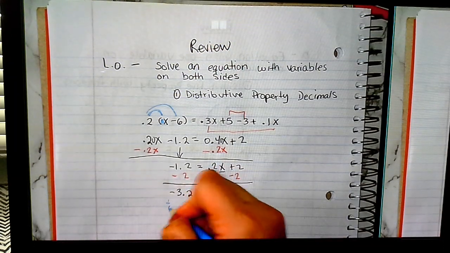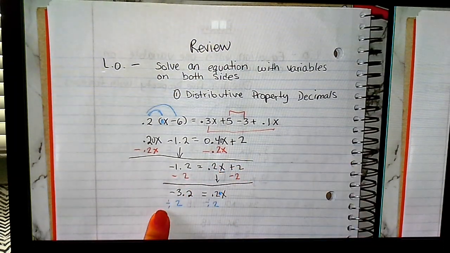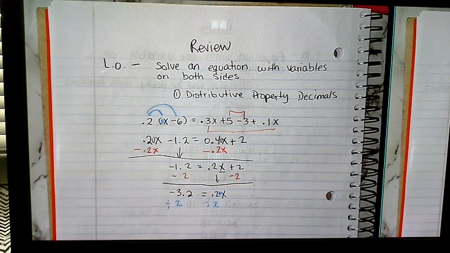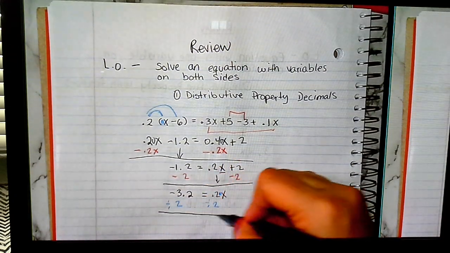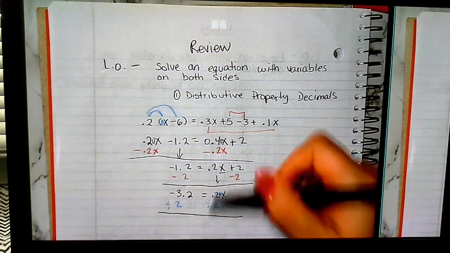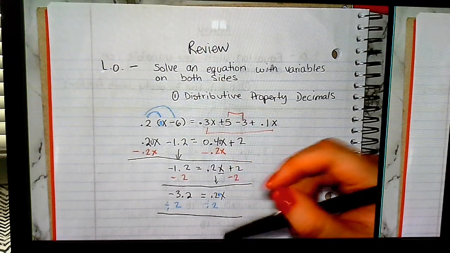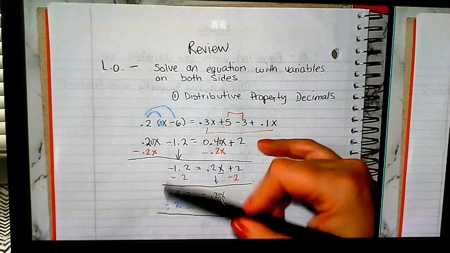Notice I'm dividing by a positive and I had a negative. So when I do this, I can show you again in decimals. I know 2 divided by 2 is just 1, but I'll show you what you get here in decimals.